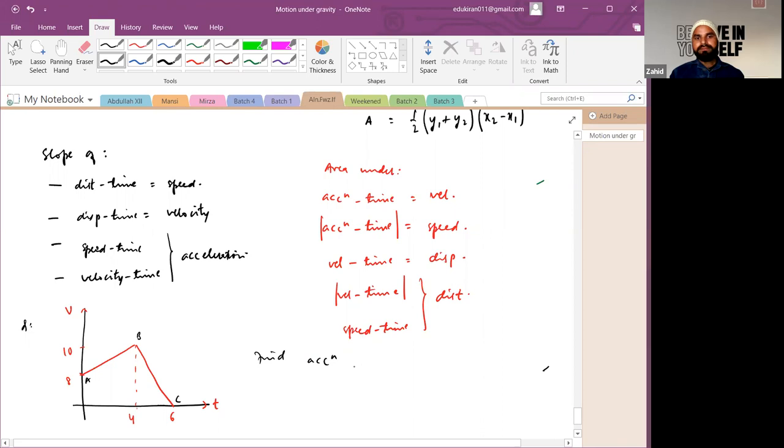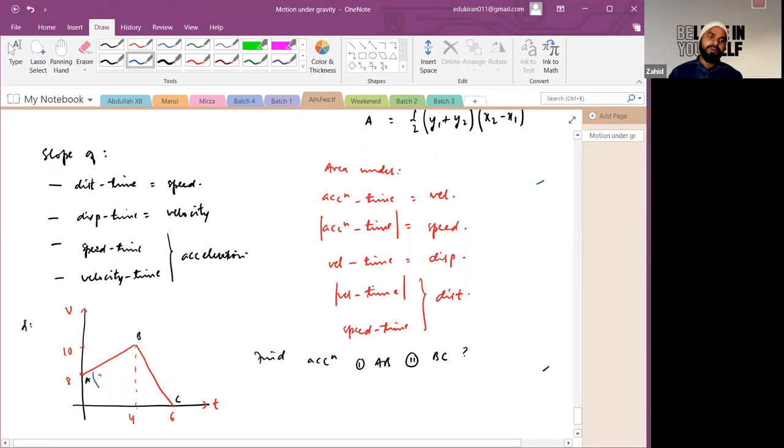Find acceleration, first for AB and second for BC. Let's say we have a velocity versus time graph. The slope of velocity versus time will define acceleration, and since these are straight lines, we can calculate the slope using the coordinate system. First, define the coordinates of each point.